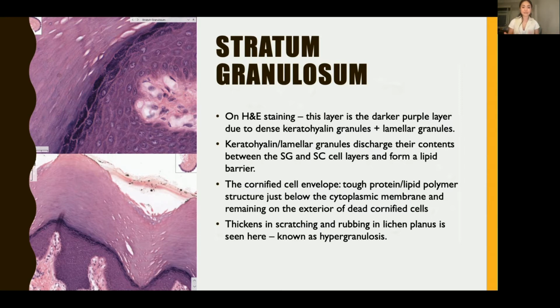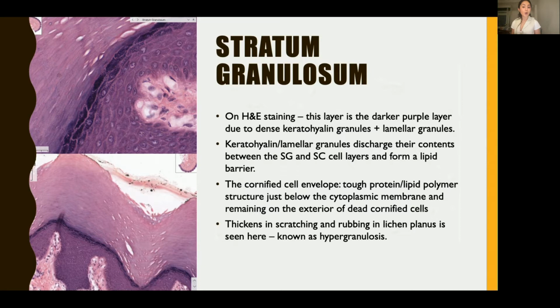They discharge them somewhere between this layer and the layer we're talking about next, which is the stratum corneum. And that produces this beautiful cornified cell envelope, which contributes to the lipid barrier we were talking about earlier. And thickening and stretching specifically in this layer is called hypergranulosis.